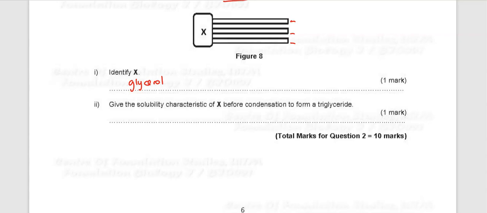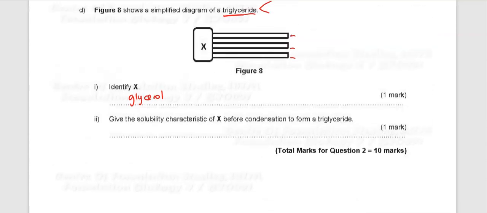That is for 1 mark. Number 2, give the solubility of X before condensation to form a triglyceride. Condensation is the reaction that joins together the molecule of glycerol to the 3 molecules of fatty acid. The process of condensation in producing the triglyceride will remove 3 water molecules.